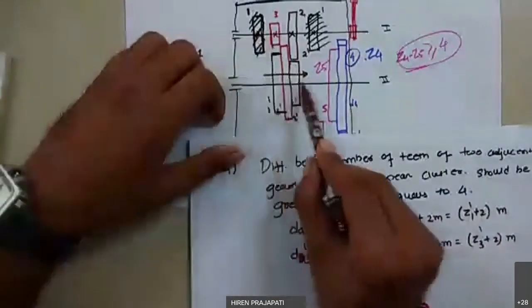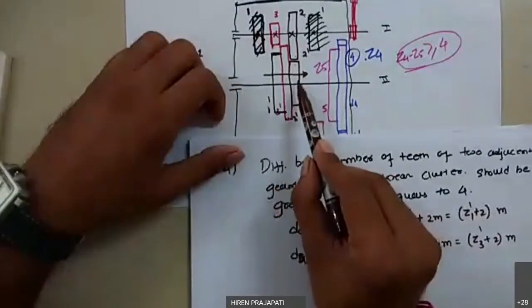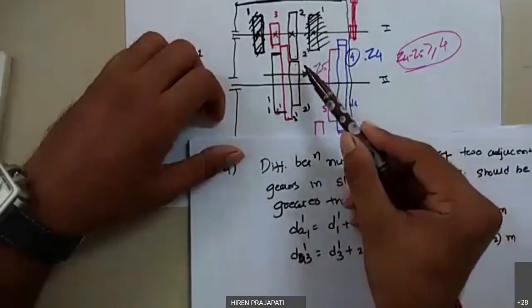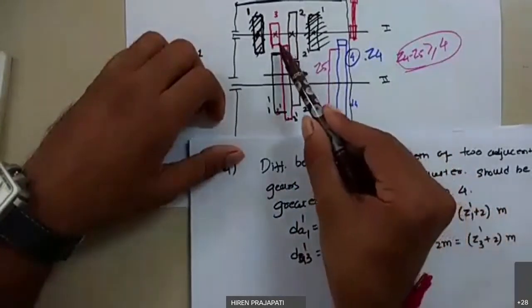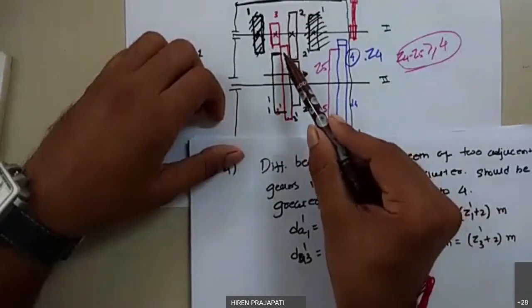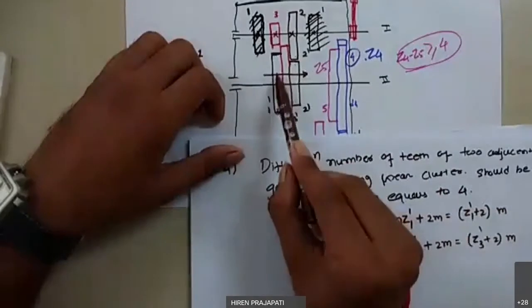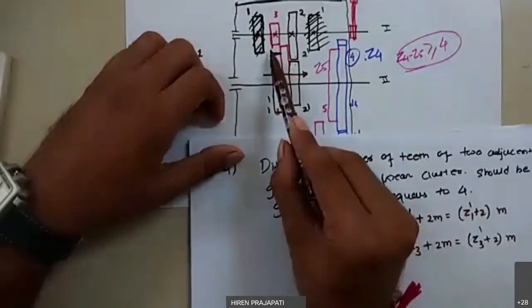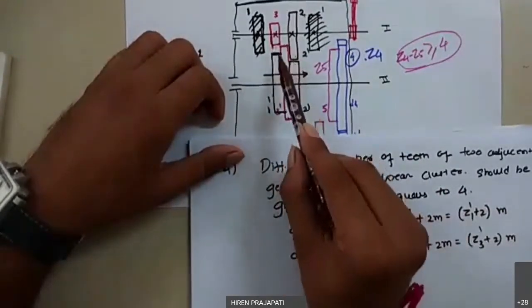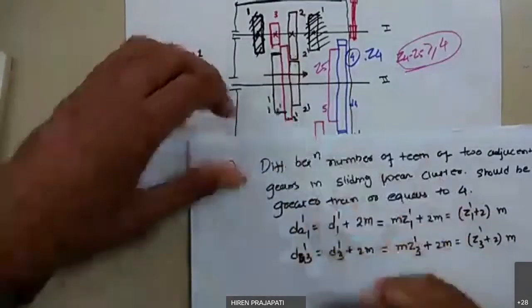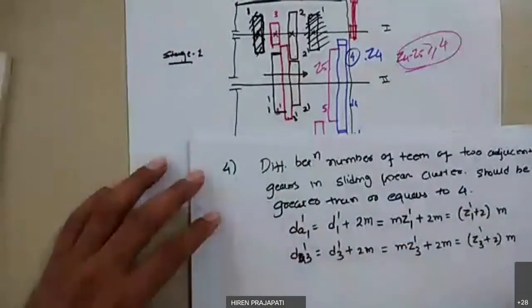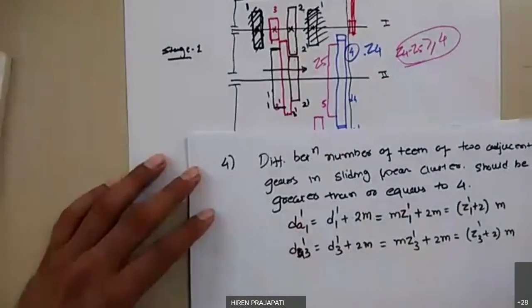If I slide this gear cluster to engage 2 dash, at that time C and C dash will disengage, but this gear 1 dash will go through this C. So at that time, 1 dash and C should not interfere, right?